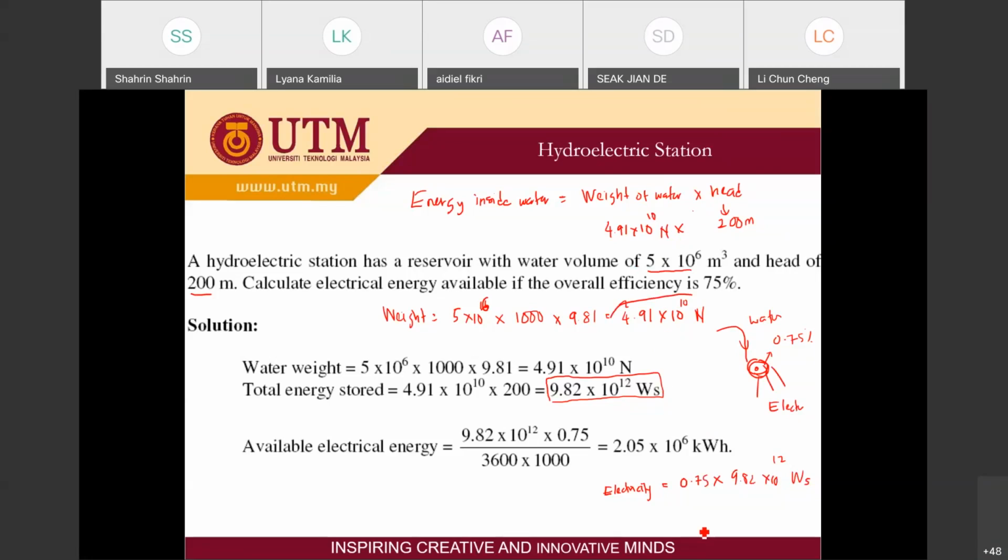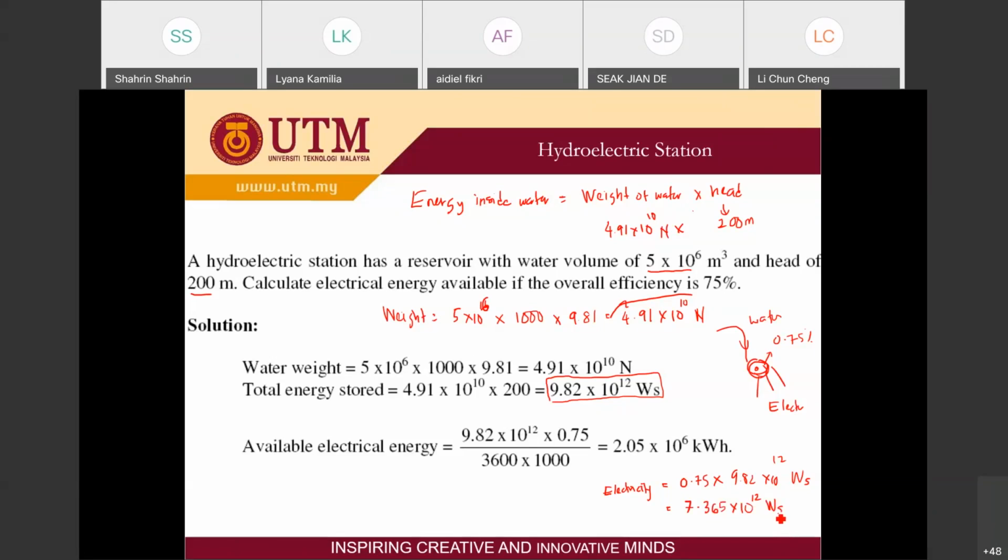So this will give you the answer of 0.75 multiplied with 9.82 times 10 to the power of 12, which is 7.365 times 10 to the power of 12 watt seconds.